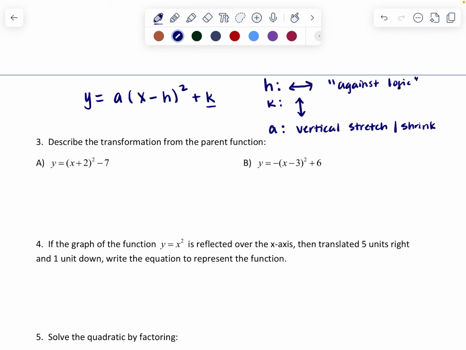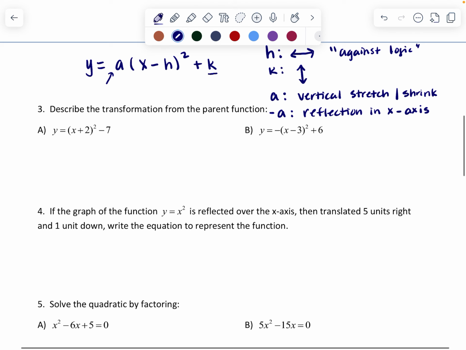But the most important thing here is if you have a negative a, a negative sign right here in front, that means you're going to have a reflection in the x-axis. All right, so let's check this out.